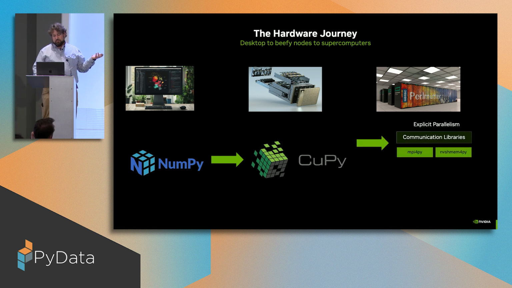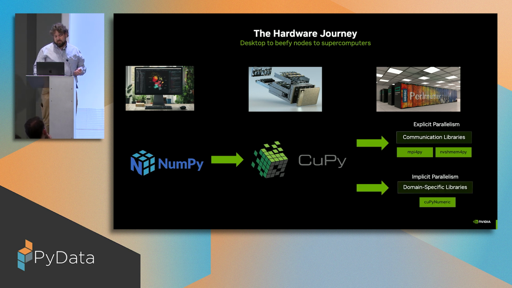The two major decisions are, do I do explicit parallelism and use communication libraries like MPI, which does message passing, or SHMEM, which does shared memory models and so forth? Or do I do something implicit, like CuPy, well, I'll introduce cuPyNumeric, or a system like Spark, where you don't really have to know where your computation exists. You can describe your computation, and the system maps it out for you.